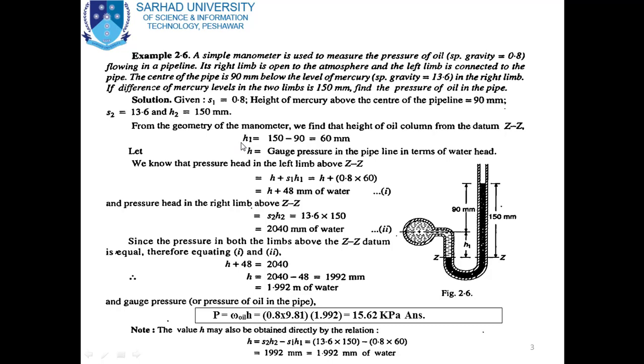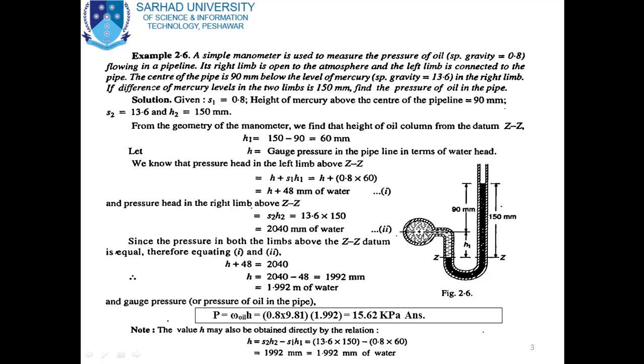So in this example we have to find the pressure of oil in the pipe. A simple manometer is connected to the pipe in which oil is flowing, and the specific gravity of oil is given, which is 0.8. Also, the right limb of the manometer is open to the atmosphere and the left limb is connected to the pipe, as shown in the figure.